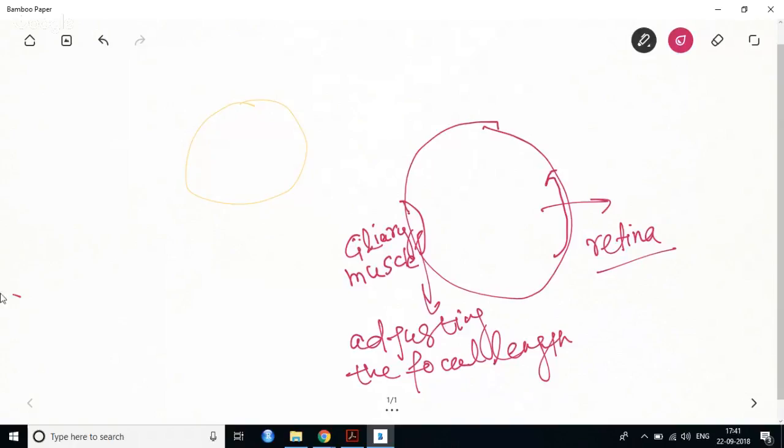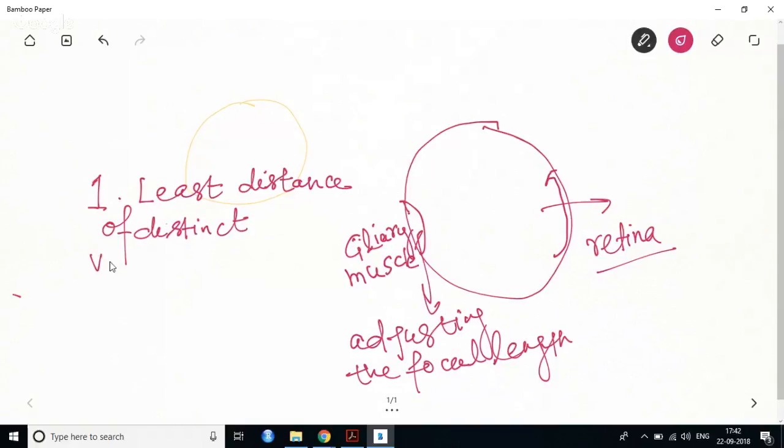Now there are two different concepts. One is the least distance of distinct vision, and what is this?